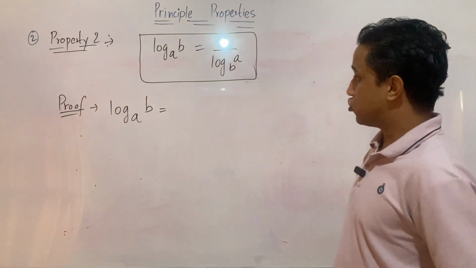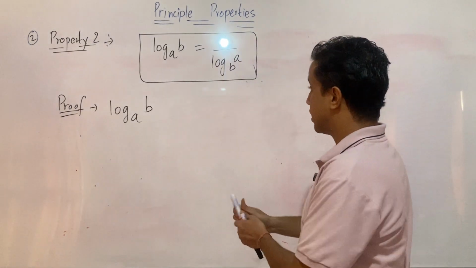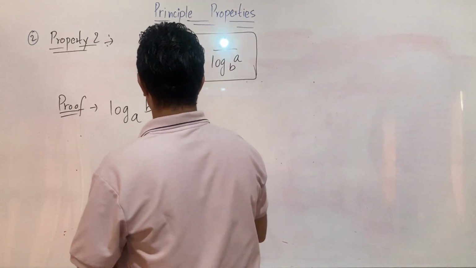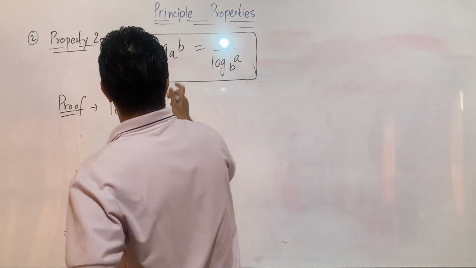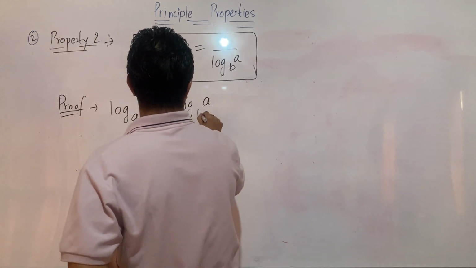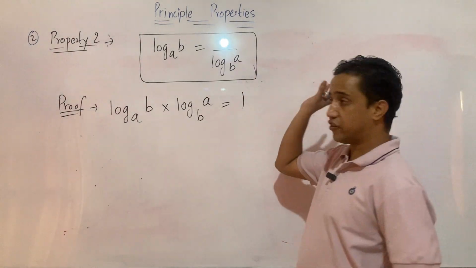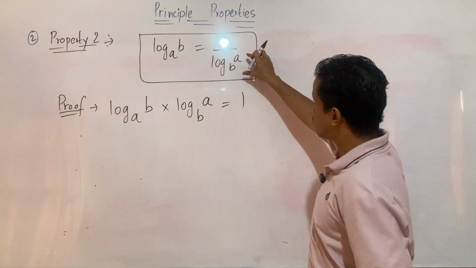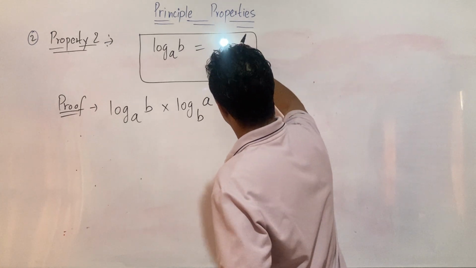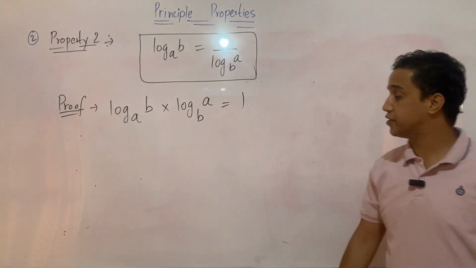Or what I can do is, won't you mind if I write here log of b to the base a multiply log of a to the base b equals 1. Okay, so I did nothing. I just transferred this thing here, right?